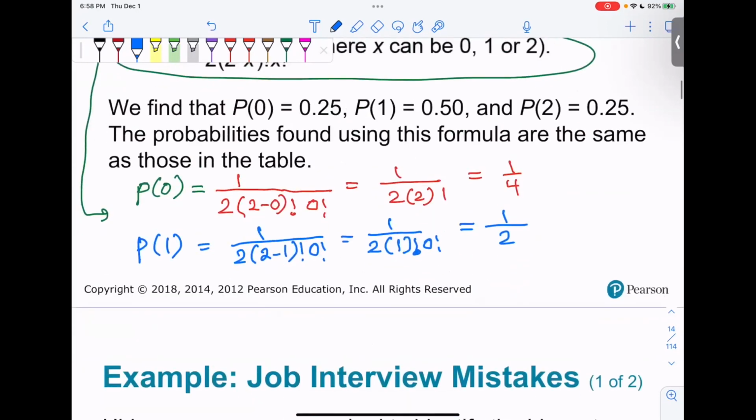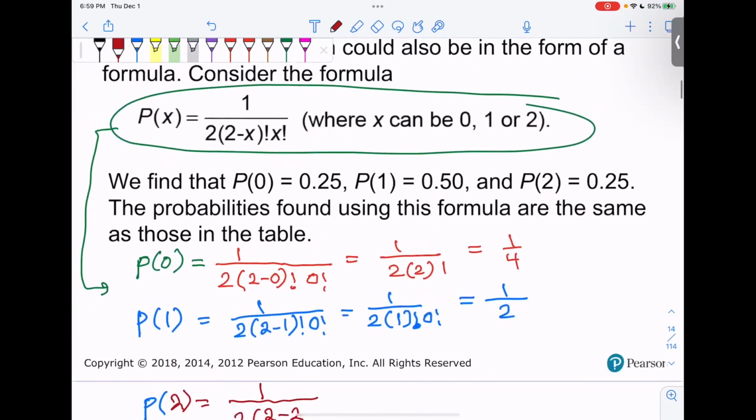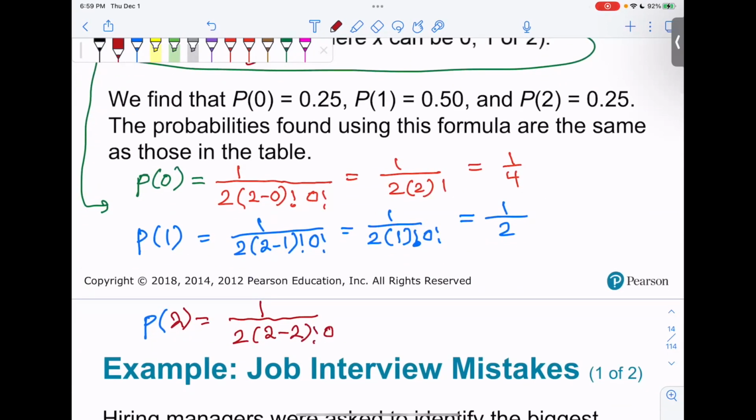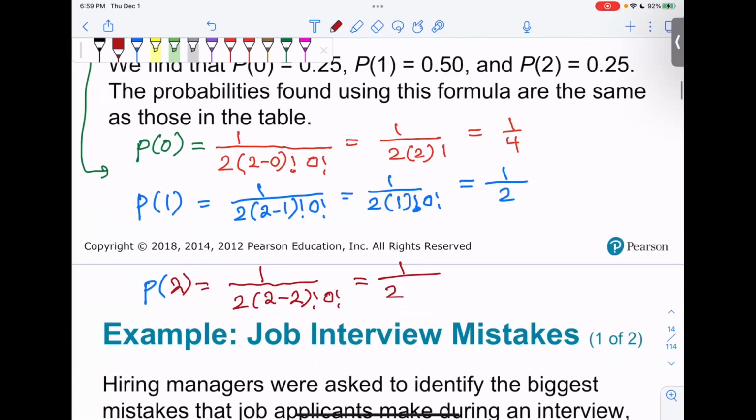And then if we do the last one, which is when x equals 2, it will be 2 minus 2 factorial, 0 factorial equals 1, and then... let me see, I think we have something not right.